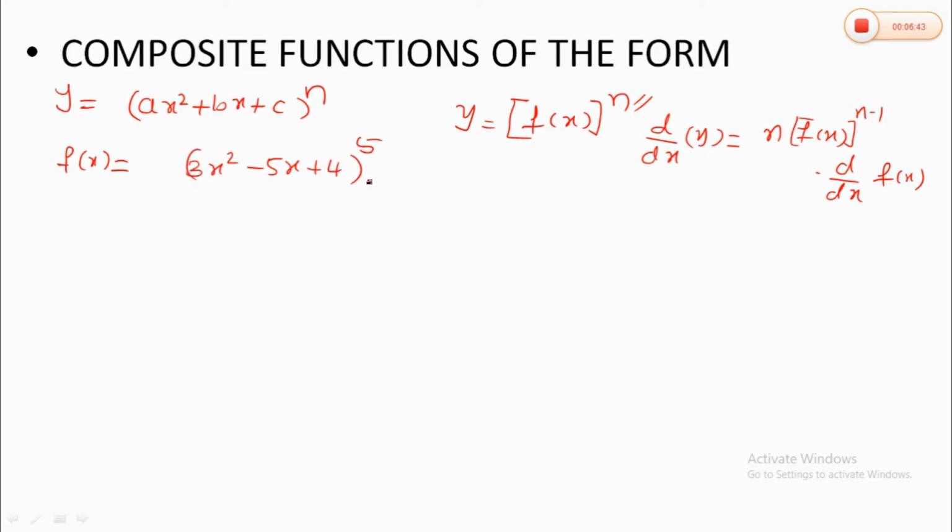This is also of the form (f(x))^n. So here f(x) is 3x^2 - 5x + 4 and n equals 5. So both are of the type y = (f(x))^n.